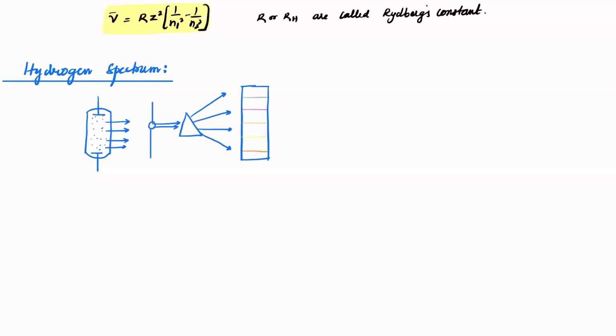That's why the lines you're getting are called the emission spectrum, also termed the line spectrum. Since we are doing it for hydrogen, we call it the hydrogen spectrum. How many spectral lines we get is an important point to make a lot of conclusions about the hydrogen atom.